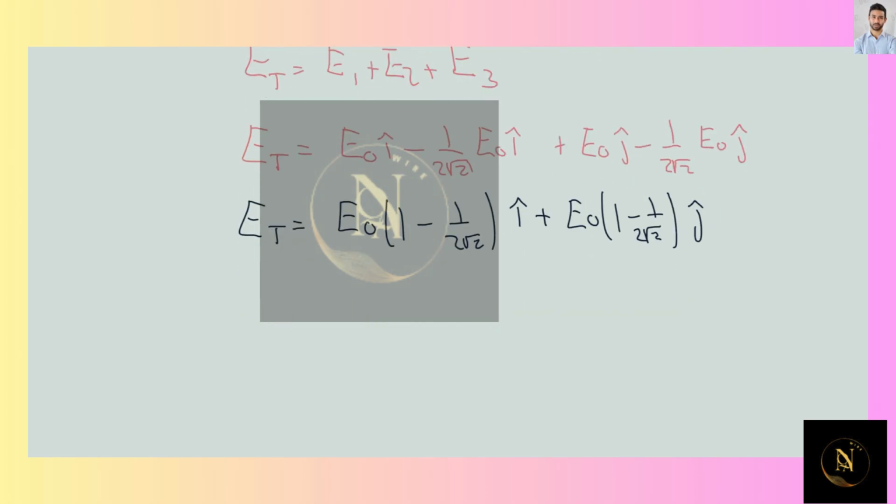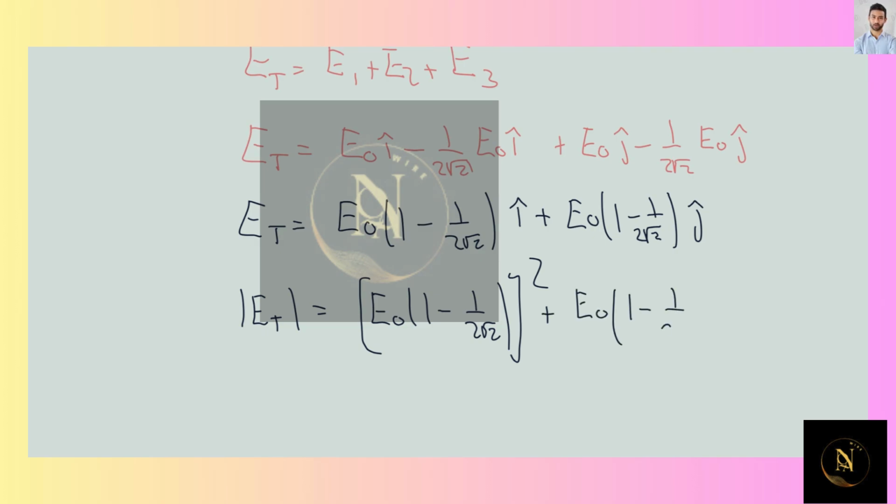So this already gives us the magnitude and the direction of the vector, but just to have it as a numerical value, the magnitude of Et is going to be equal to E0 times 1 minus 1 over 2 square root of 2, all of this squared, plus the same quantity, E0 times 1 minus 1 over 2 square root of 2, squared, and taking the square root of all of this.